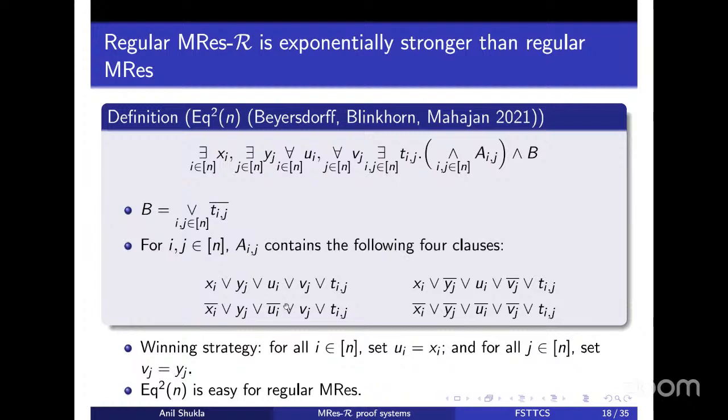Again, this is a winning strategy because after the universal player has played, from every Ij only one of these Tij will remain. Then the existential player has to give one to all, and then again the capital B clause will be falsified. So this is a winning strategy. This is a false QBF formula.